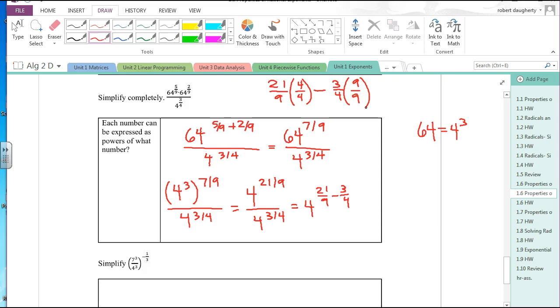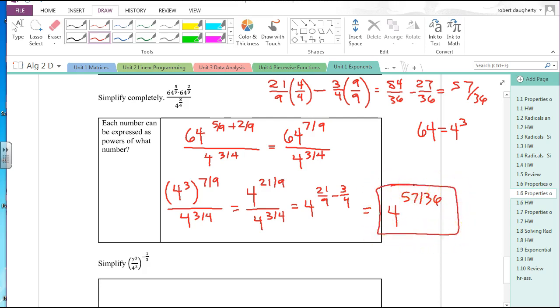And in doing so, this is going to be 84 over 36 minus 27 over 36, which gives me 57 over 36, I think. So let me double check that. Yeah, so in this case, I'm going to get 4 raised to the 57 over 36 power.